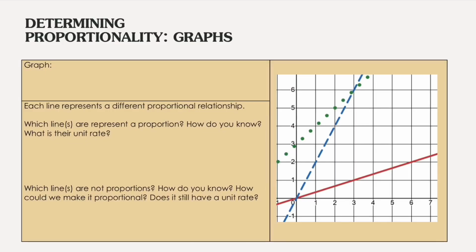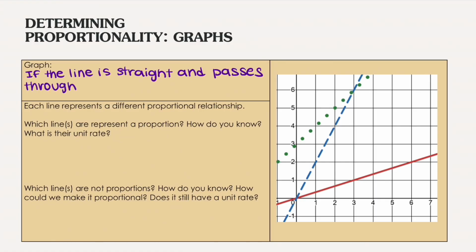So we're going to look at this in the context of graphs, tables, and equations. We'll start with graphs. As we can see, we have 3 lines here. Our job is to figure out which ones represent proportions. They are proportional if the line is straight and passes through the point 0, 0, which is also known as the origin.